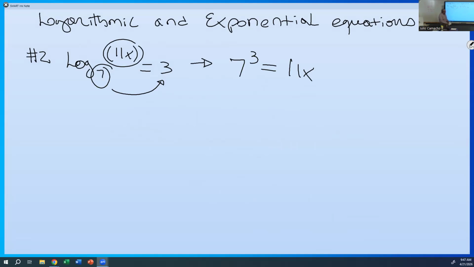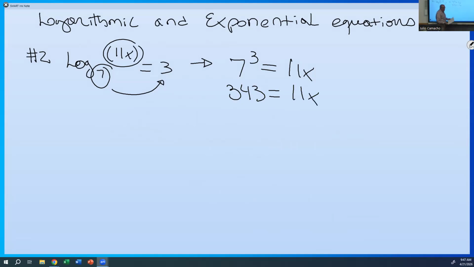What will be your next step following PEMDAS? Solve 7 cubed, and that's 343. Exactly. Because we don't have parentheses, but we have exponents, and that is the first thing I have to solve. How much is it again? 343.